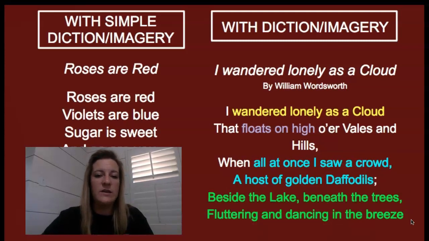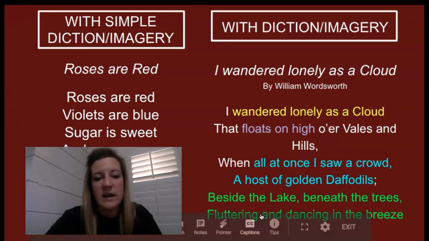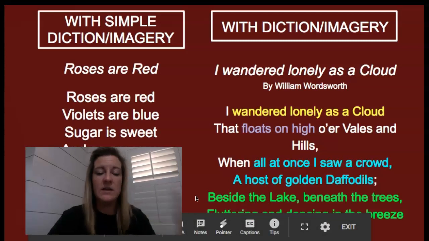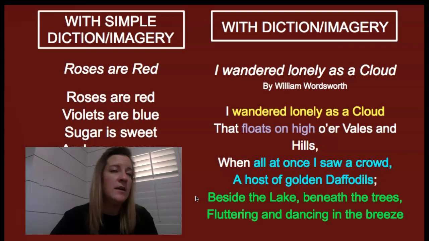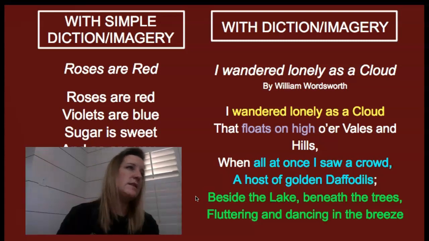Beside the lake, beneath the trees, fluttering and dancing in the breeze. So it's describing the daffodils, what they're doing, where they are. Beside the lake is the location, right? Giving you the vision of a lake, and on whichever side you want it to be, there's a lake, and then there's a sea of daffodils.